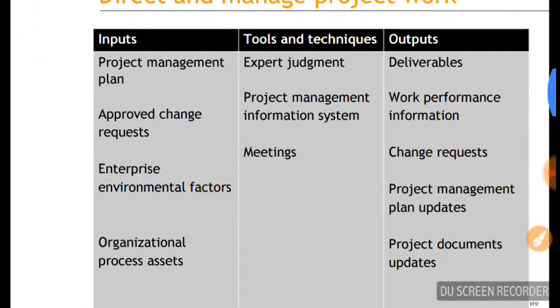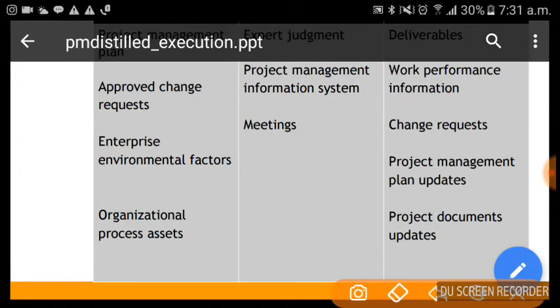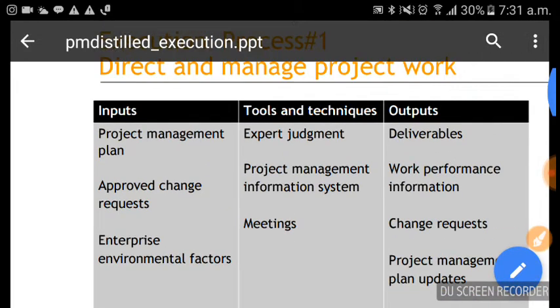On the input side, we have the project management plan, approved change requests, and enterprise environmental factors. We have discussed all these things in the prior videos. Tools and techniques: we have expert judgment, project management information system, and meetings.